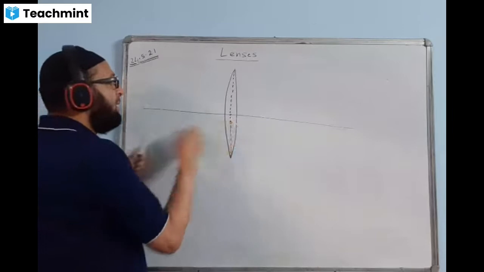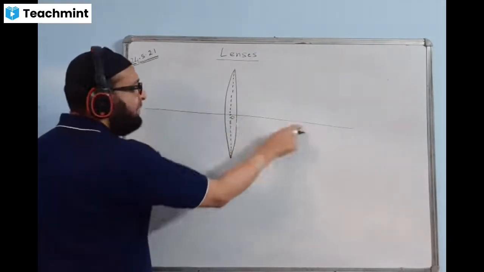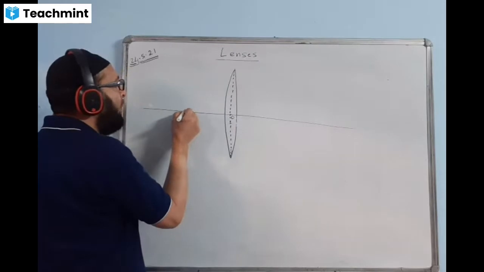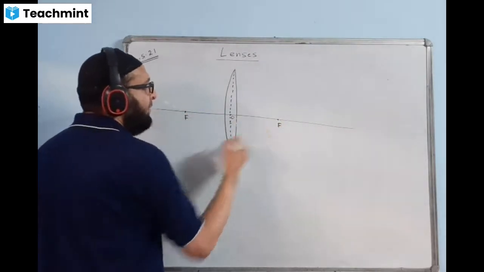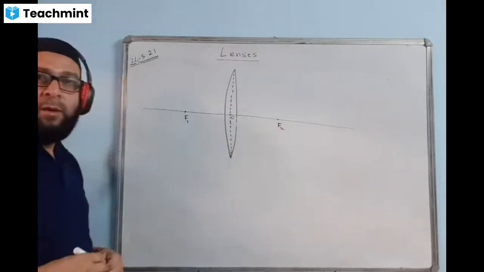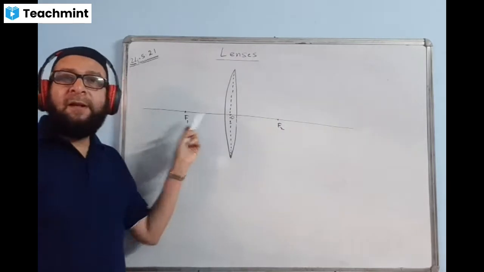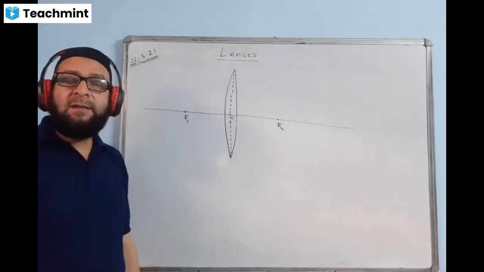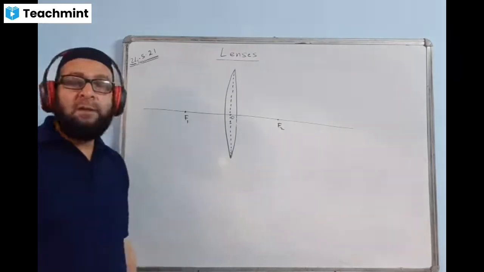And this is the optical center. On the principal axis we have two important points. One point we mark F, another point we also mark as F. This is F1, and this one we mark F2. F1 and F2 are two points on the principal axis. They are called the focus of the lens.